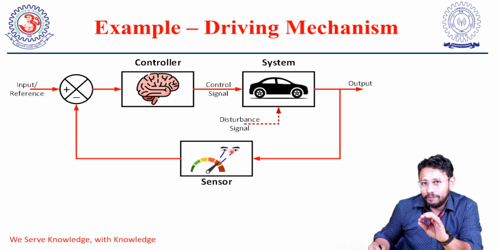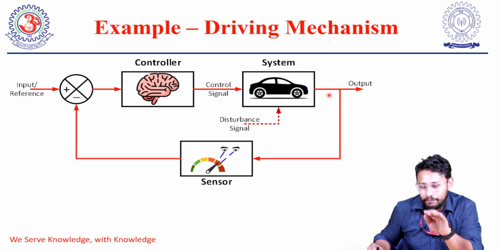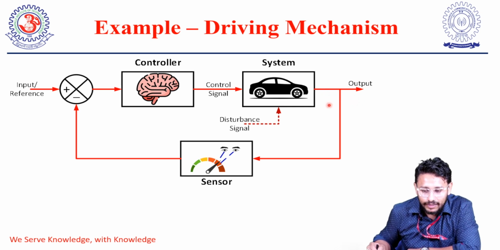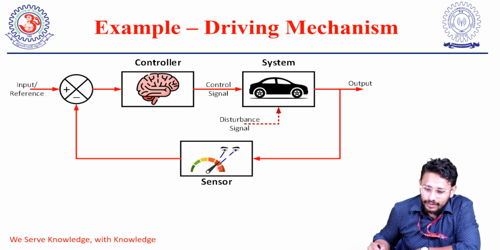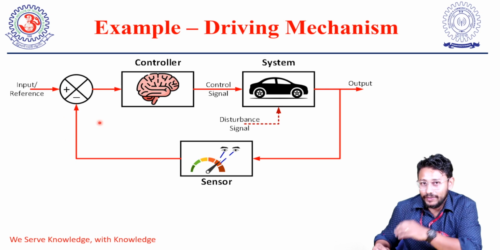Supposedly, you press the accelerator pedal to some angle and you obtain some speed here. Say I needed a reference of 60 kilometers per hour, and I press the pedal and obtain 50 kilometers per hour. That will be observed by my eyes on the speedometer. Let's look at this abstract idea of the feedback path, which we were talking about earlier.